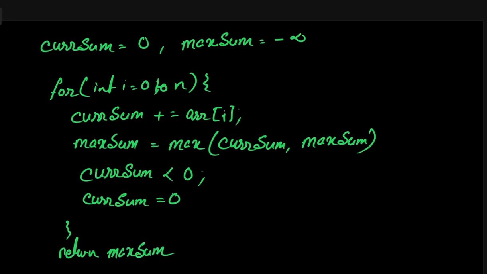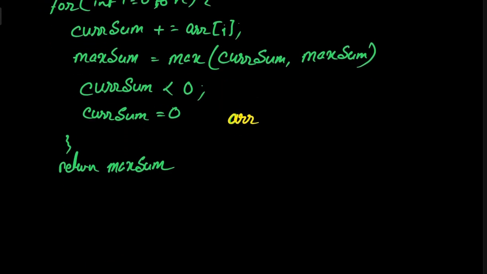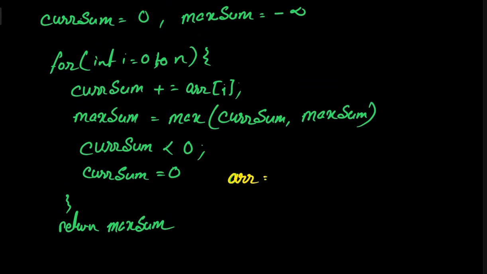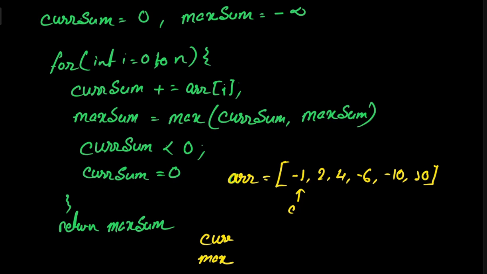Now we will see the dry run. Suppose this is our array: -1, 2, 4, -6, -10 and 10. This is the same input, and here we will maintain a current sum and a max sum.